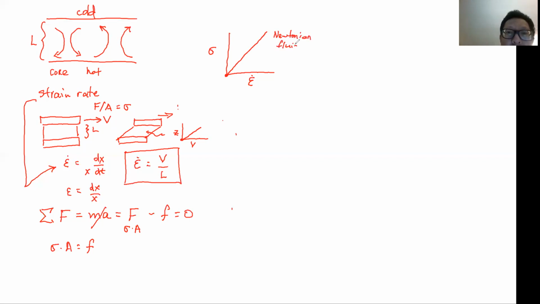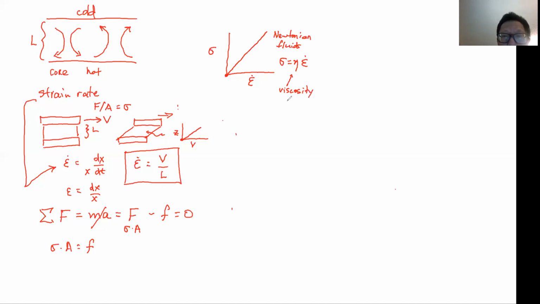Rocks, for example, even though they're solid, can behave rheologically as a Newtonian fluid. And if it's linear, then we'd have sigma equal to epsilon dot multiplied by the slope of this line, which we'll call eta.